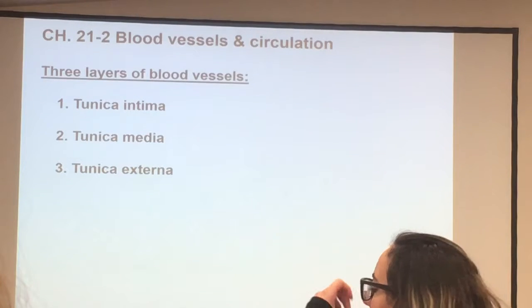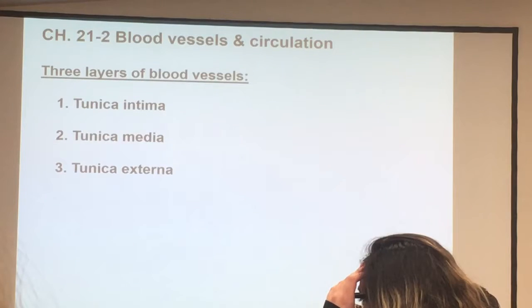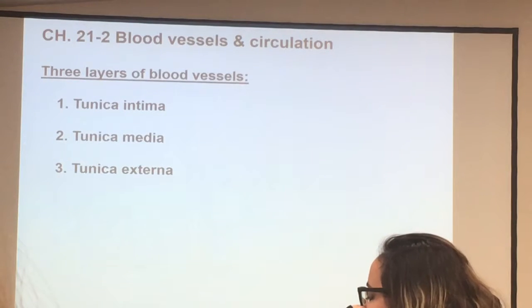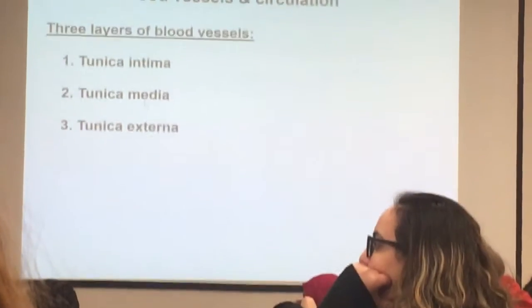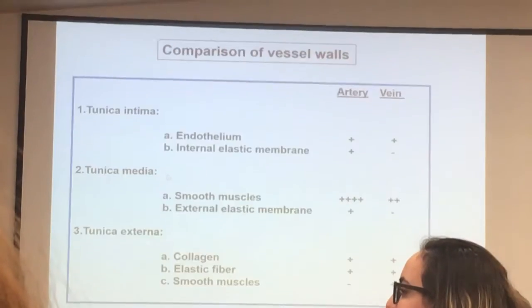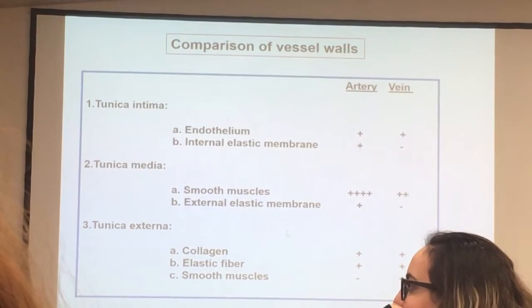Now we go back to the beginning of this chapter, where we talked about the 3 layers of blood vessels. We call them tunicas. Tunica intima is the inner part, media is the middle, and externa is outside. I mentioned this before. The major difference between artery and vein is that the artery has more smooth muscle in circles, and it has an internal elastic membrane and an external elastic membrane.